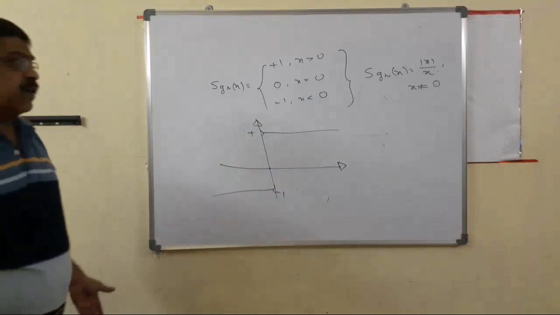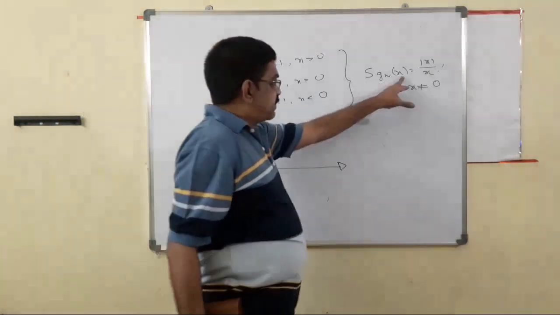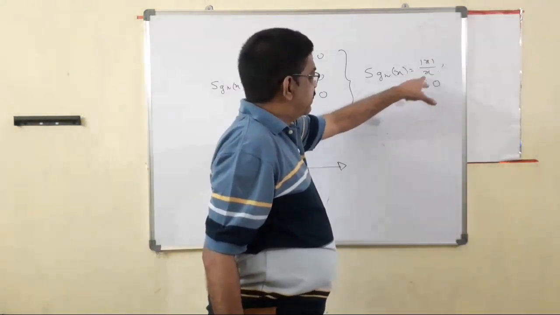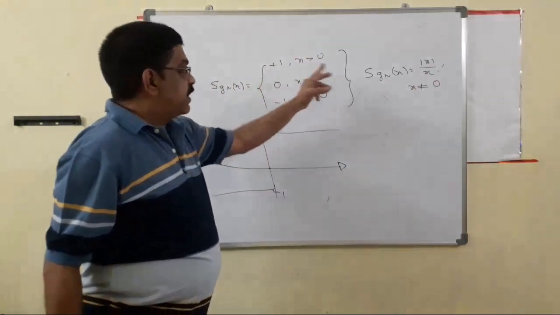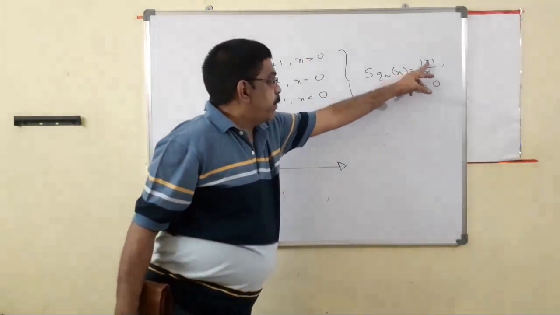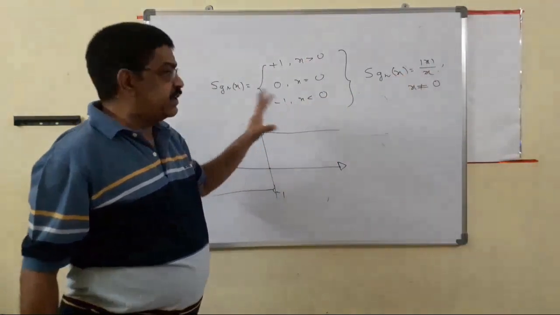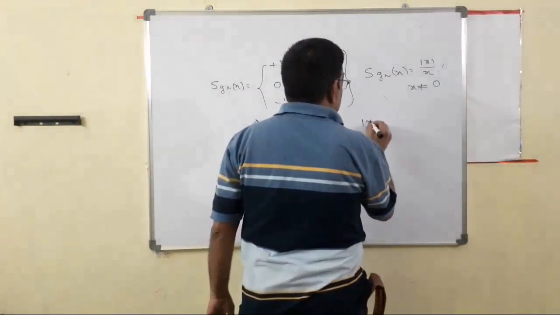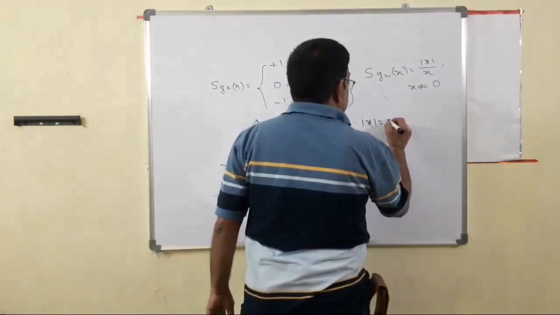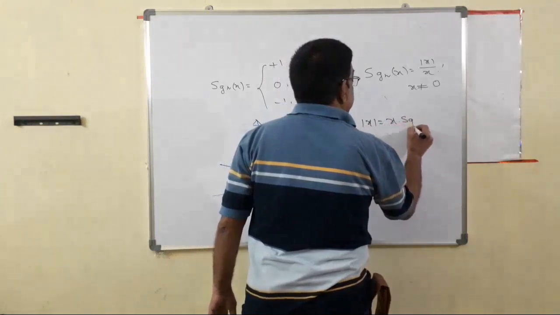Is it alright? Because after all, for positive x, mod x is going to be x and x, then we cut, so you get plus 1. And for x negative, mod x will be minus x and that will be minus 1. So now I have got one more interesting result, that mod x equals x times signum x.